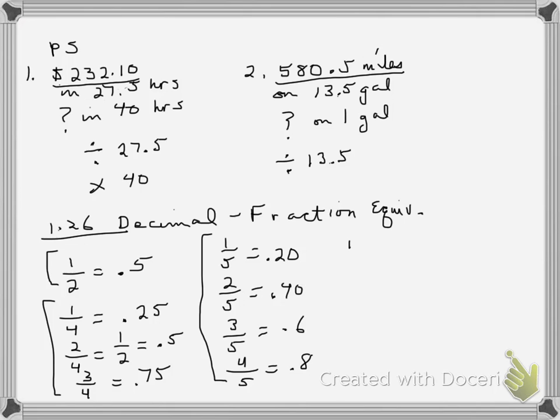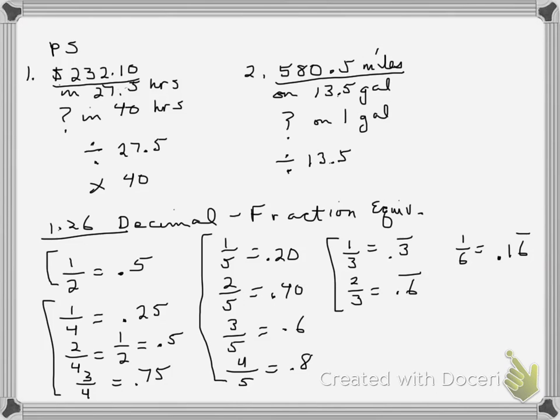The next one, 1/3. 1/3 does not come out as an even decimal. It's 0.3 repeating. 2/3 is 0.6 repeating. For 6ths, 1/6 is 0.16 repeating.